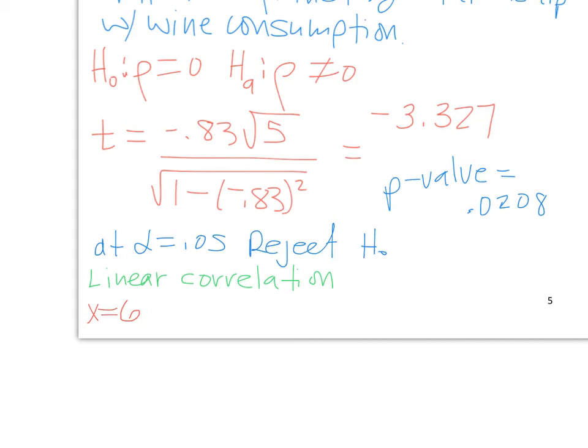Okay, so if X is equal to 6, Y equals, we take 250.4 minus 21.2 times 6. And that gives us a predicted average heart disease rate of 123.2.